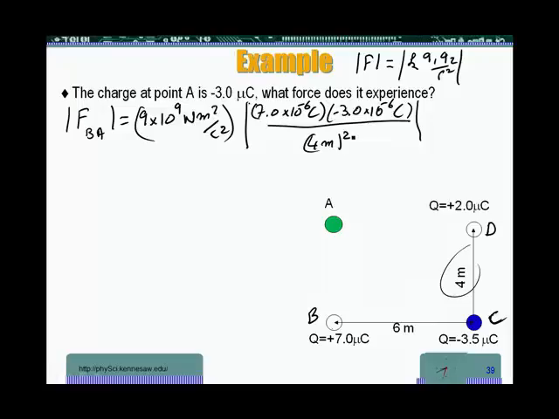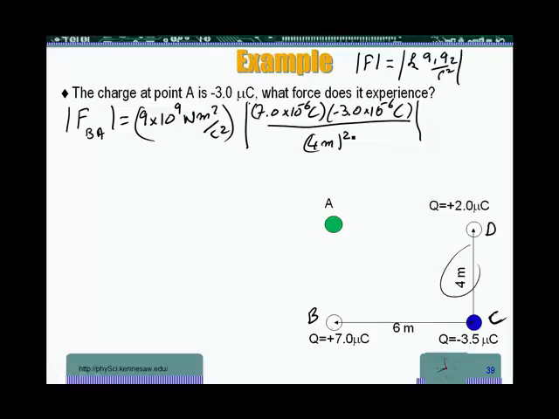Okay, and we calculate that. So what we have is 7 times 3, that's 21. 21 divided by 4 squared, that's 21 divided by 16. Times 9. That's 9×10⁹.